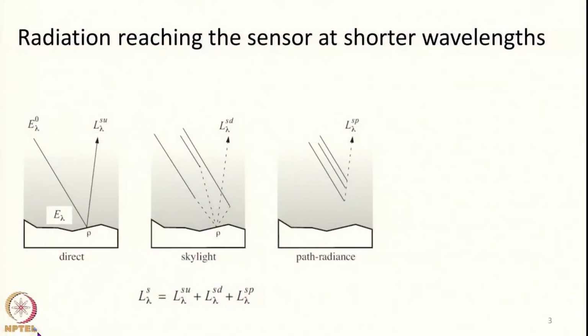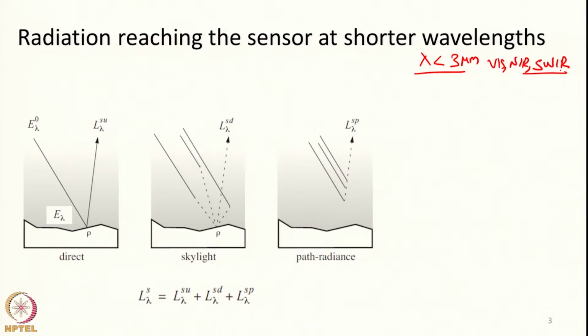First we will concentrate on shorter wavelengths, that is visible, NIR and SWIR wavelengths. We will concentrate on that first and later move on to the thermal infrared region. This figure tells us the different paths in which energy will reach the sensor for wavelengths typically less than 3 micrometers, that is visible, NIR and SWIR bands.